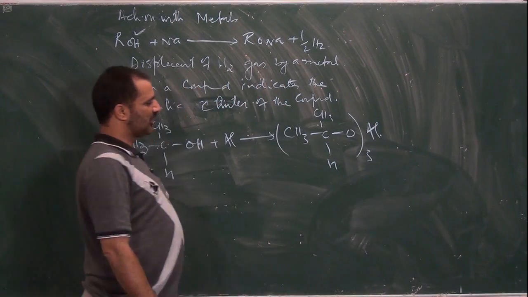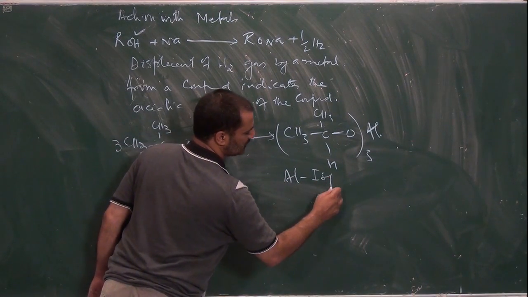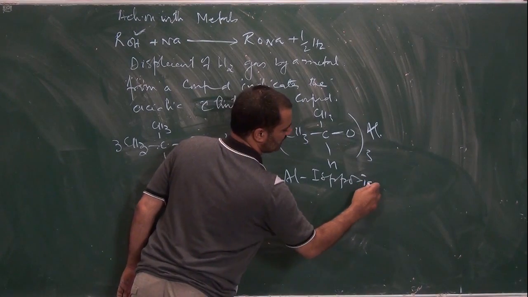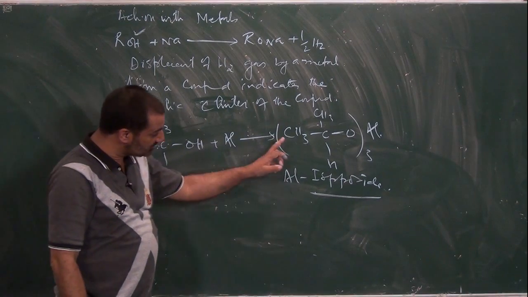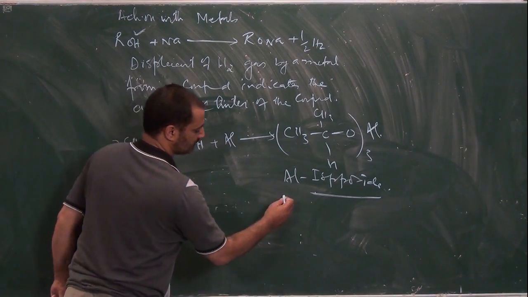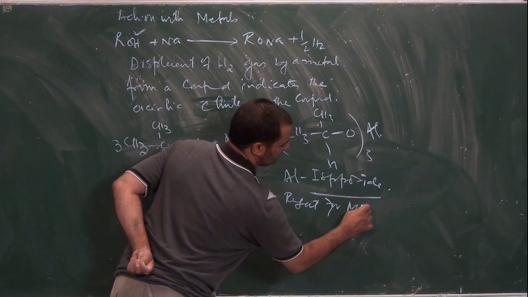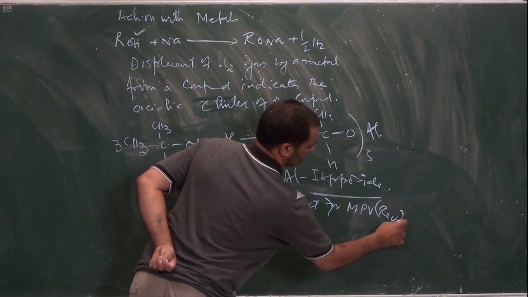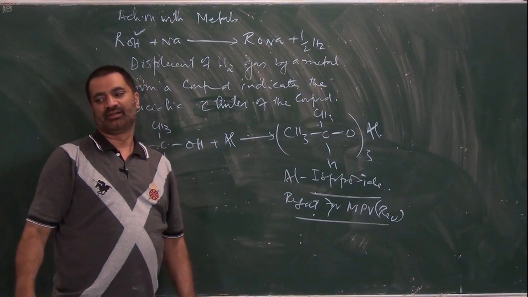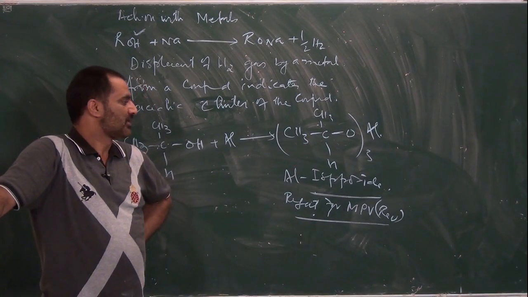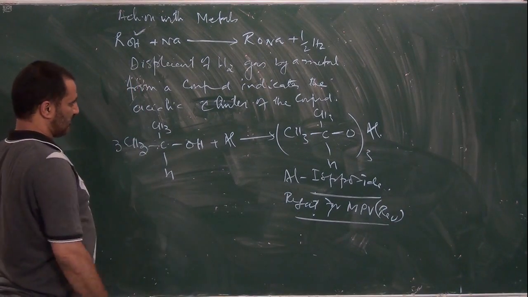This is aluminum isopropoxide. We have discussed this. This is the reagent used in the MPV reduction, by which you are converting carbonyl compounds into alcohols.